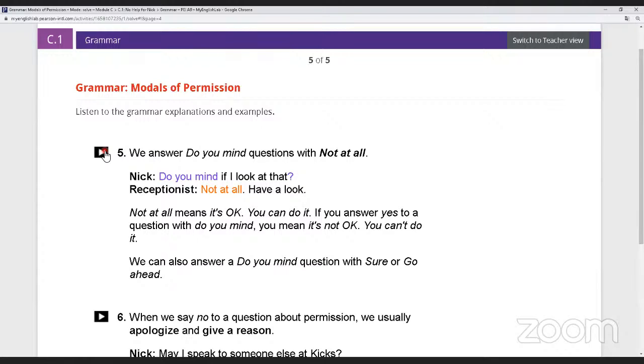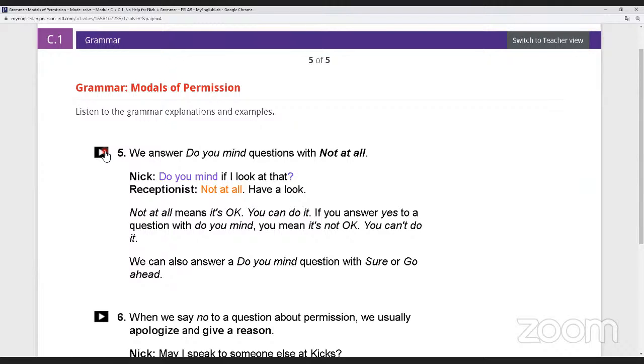So we have to know how to answer this question. You have to remember that "do you mind" means "do you have any problem?" So how you answer depends on the situation. I'm going to give you a situation.